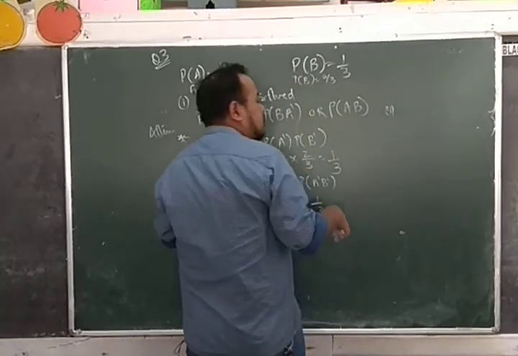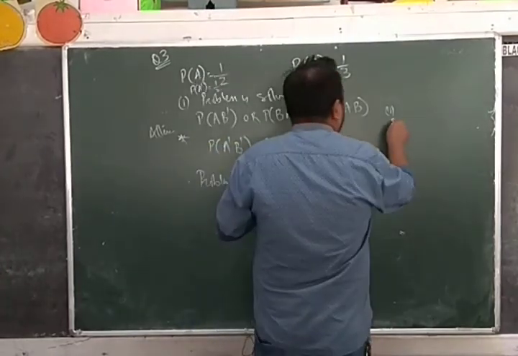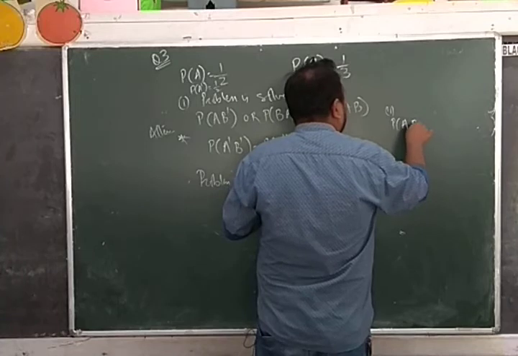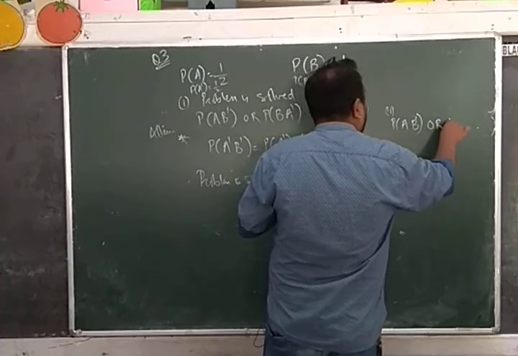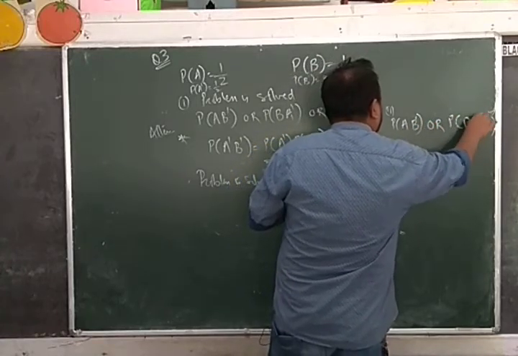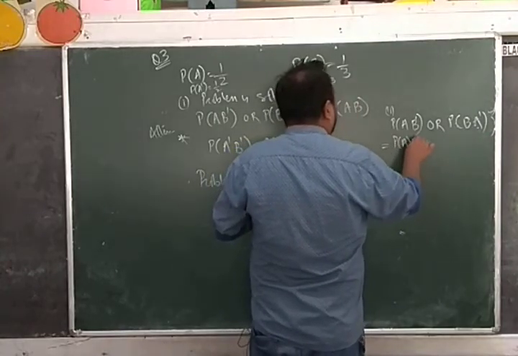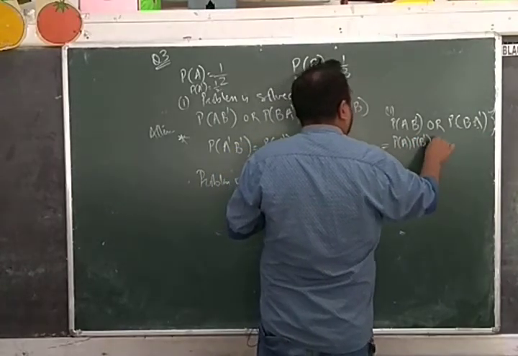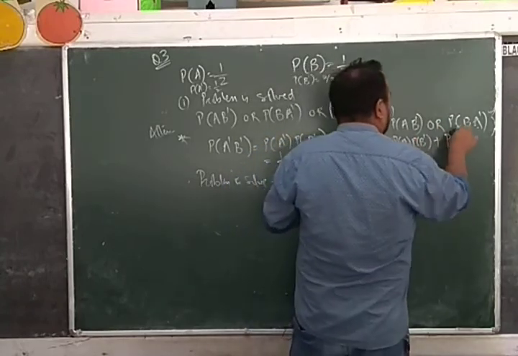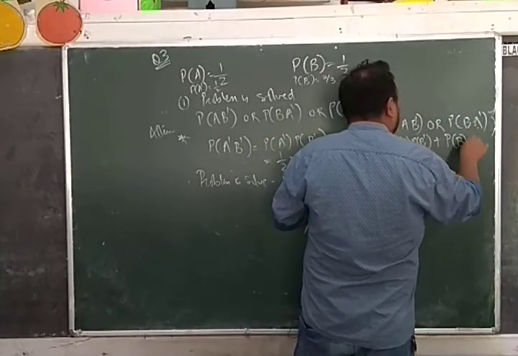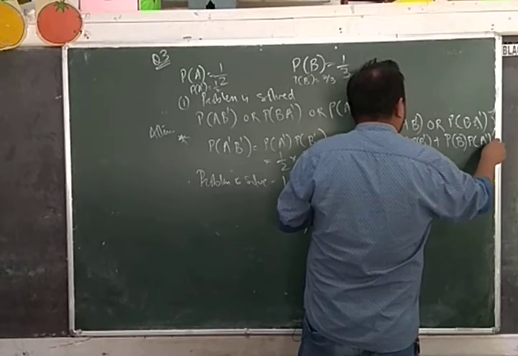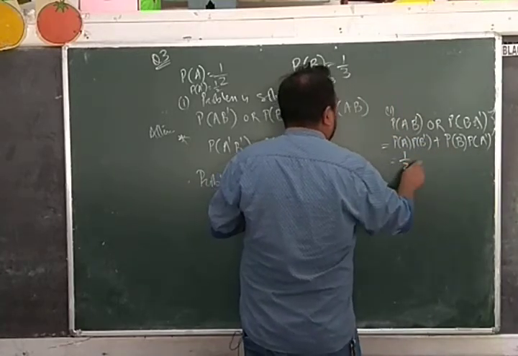Now the last part that is given is exactly one of them solves the problem. Exactly one. So either A or B. So if A solves the problem, then B will not be able to solve the problem, or if B solves the problem, then A will not be able to solve the problem. So what is the formula? Probability of A into probability of B dash, or means plus, dot means multiplication, probability of B into probability of A dash. So what is probability of A? 1 by 2.